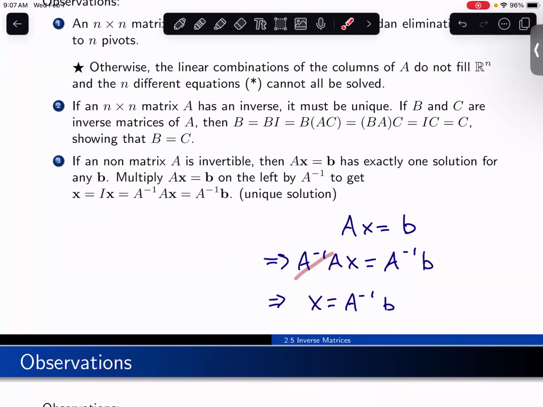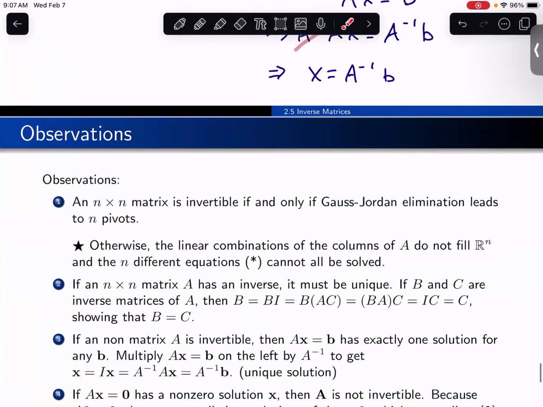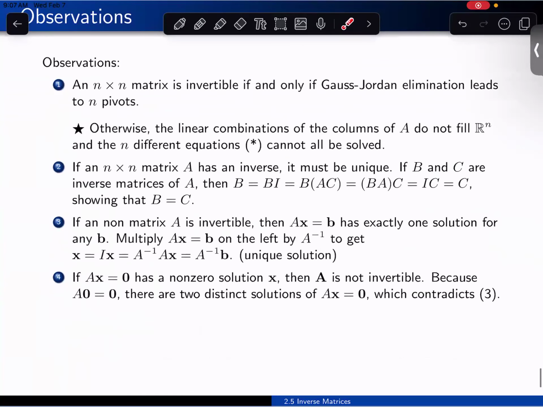And then conversely, the next part of this theorem is going to be telling us that if AX is equal to 0 has a non-zero solution for X, then A is not going to be invertible. So the idea behind this is, if we had something of the form AX is equal to 0, where this X is non-zero, then we would also have that A times 0 is another solution to the system of linear equations.